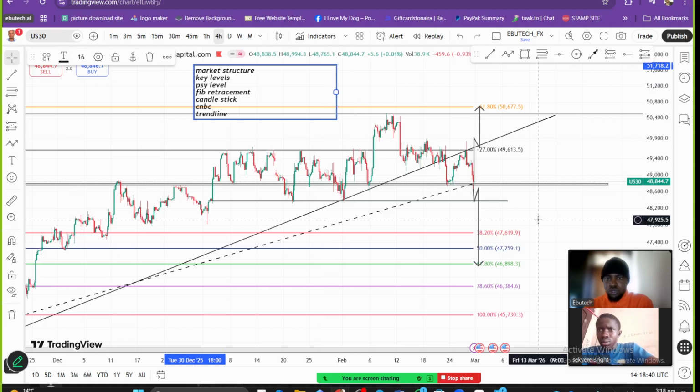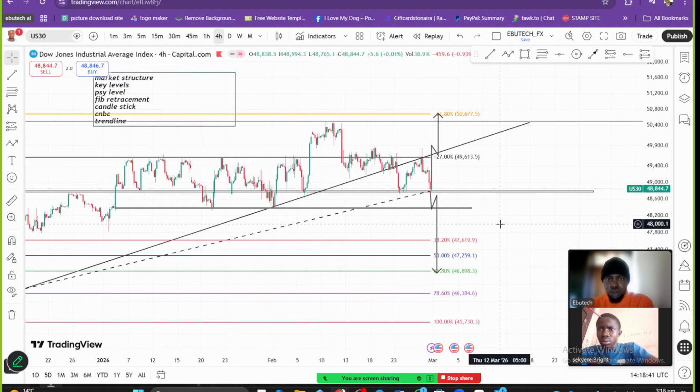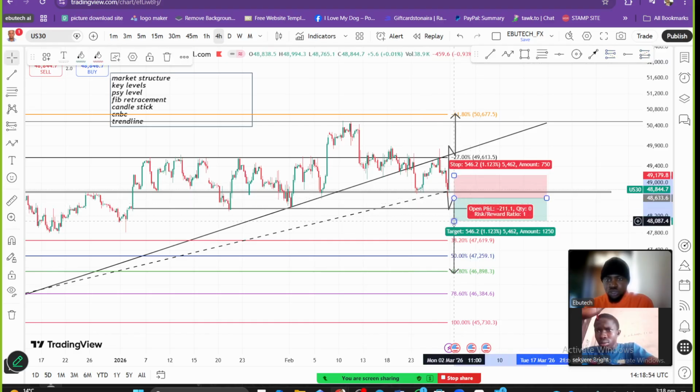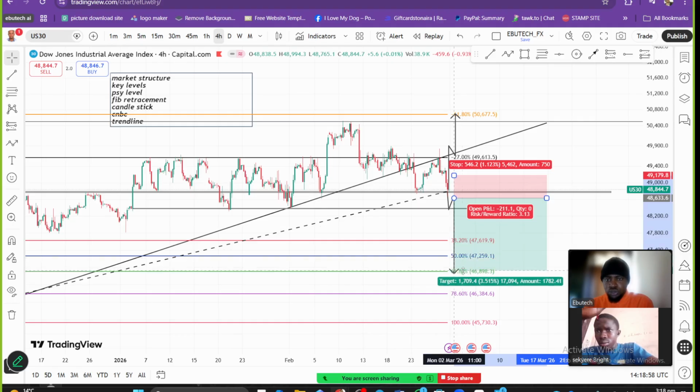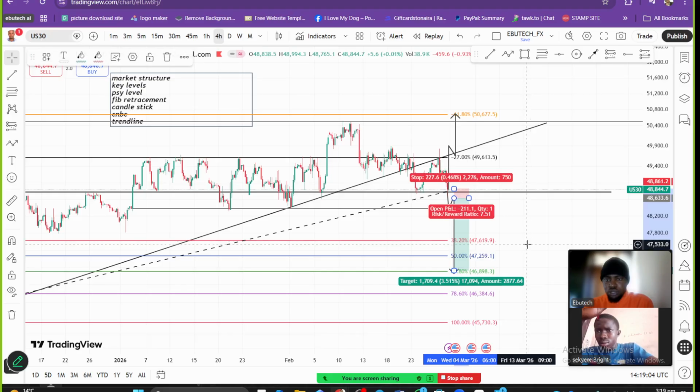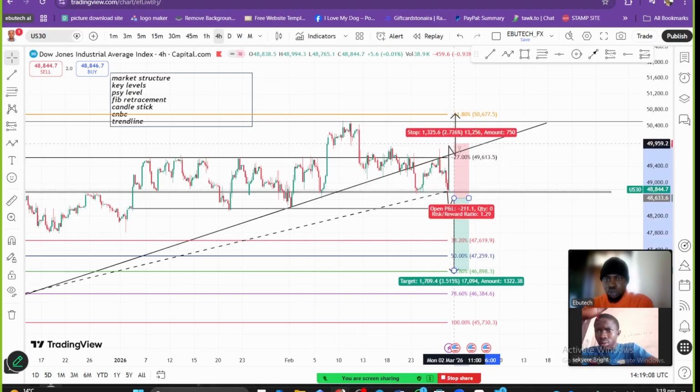So now what do you do? You come here. If you see this resistance, this retracement, you put your stop loss here, then your TP. This is what I expected you to do. But your TP was long, your stop loss was long.